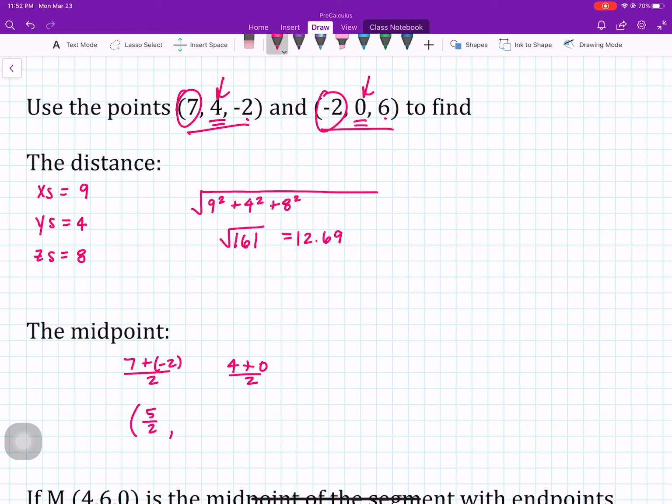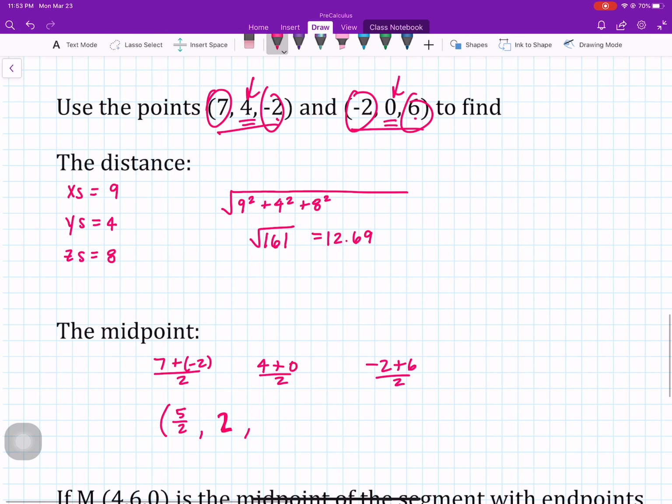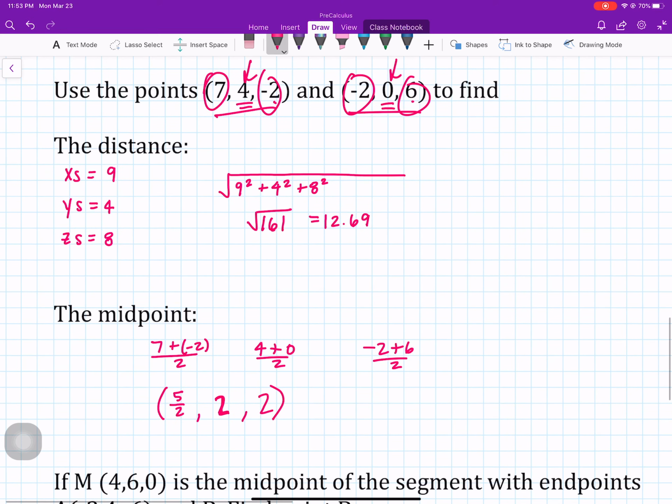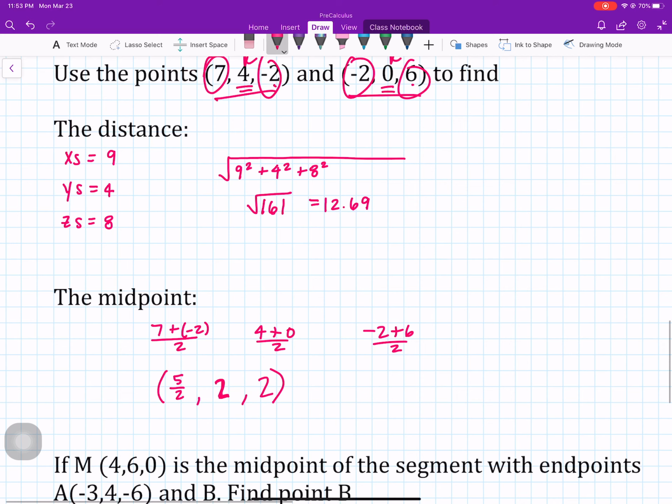Oh, sorry. 4 over 2, which is 2. And then the last one, negative 2 and positive 6, which is 4 divided by 2, which is also 2. So here's our midpoint. Again, the process is very similar to what it was in 2D, except now you have a third dimension to think about.